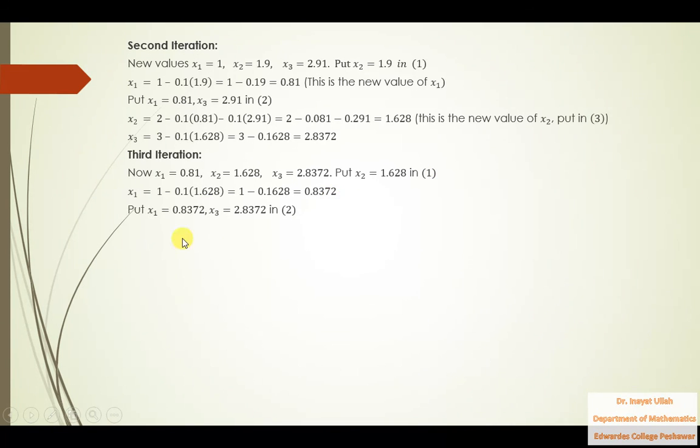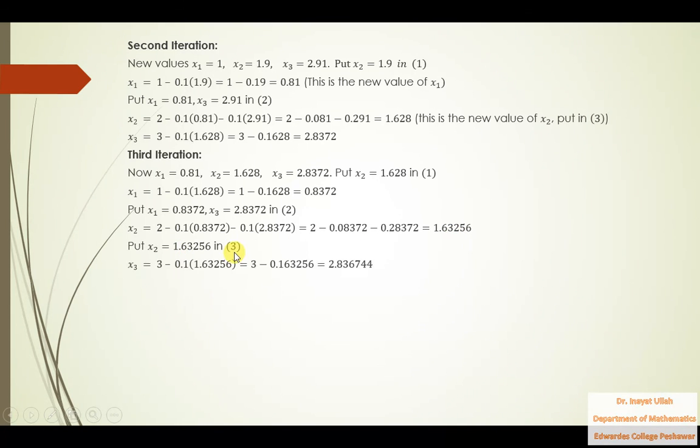And put the value of x1 and x3 = 2.8372 in equation number 2 to get the updated value of x2 as 1.63256, and put this updated value of x2 in equation number 3 to get the updated value of x3 as 2.836744. So that is the third iteration.